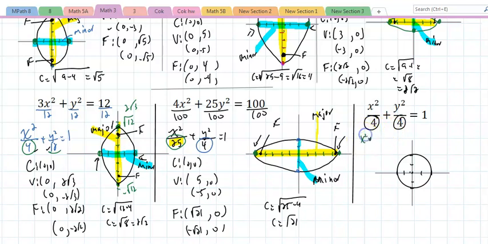This is actually x squared plus y squared equal to 4, which is a circle centered at the origin with a radius of 2. So the radius has those two equal, and that's why there's no stretching. There's no foci or anything like that.